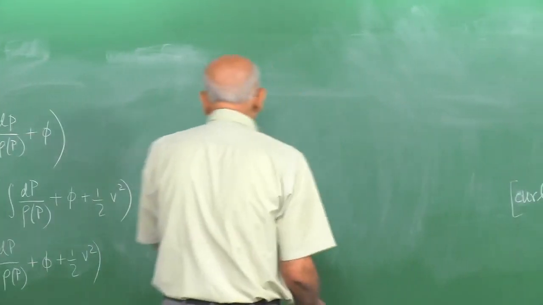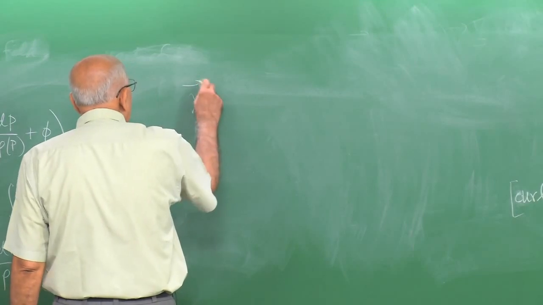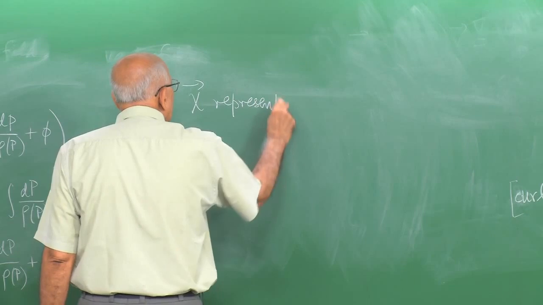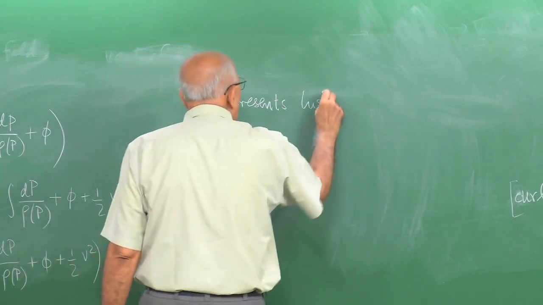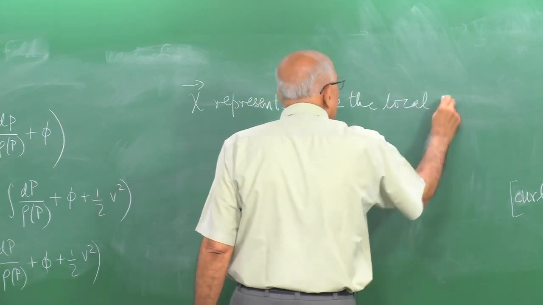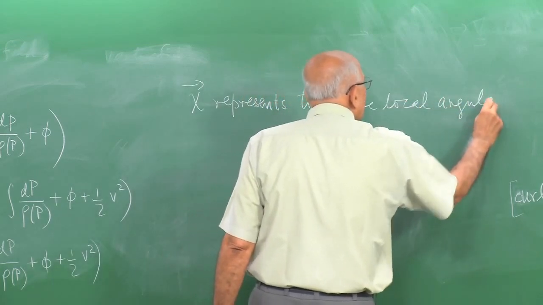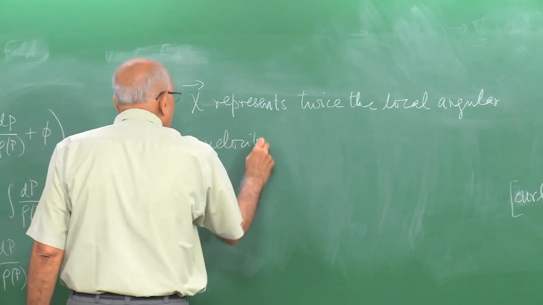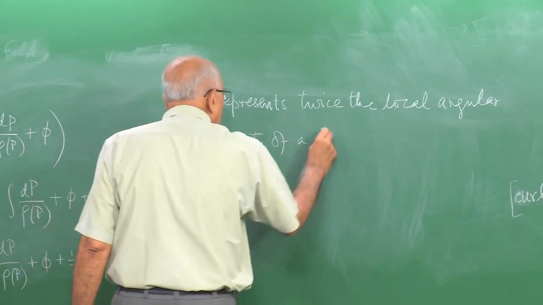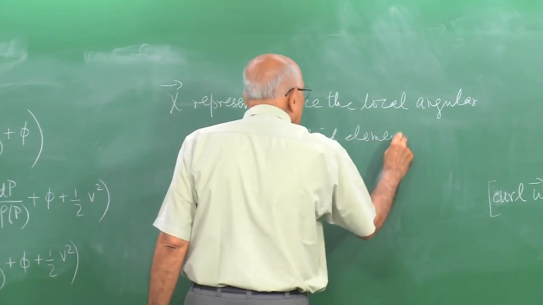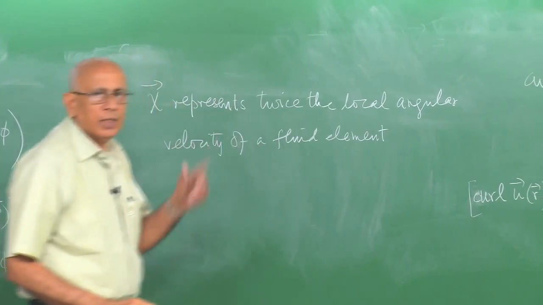Chi represents twice the local angular velocity of a fluid element if you regard it as a rigid body.